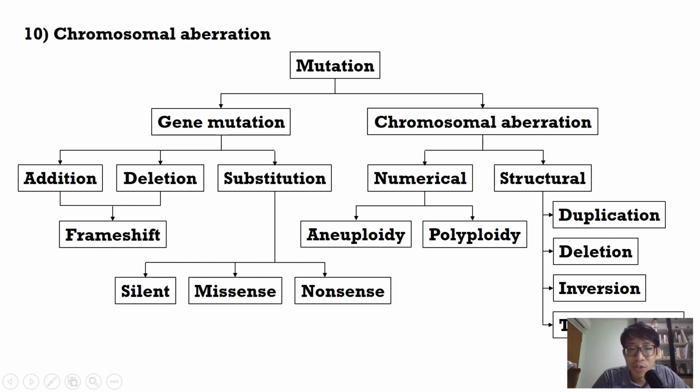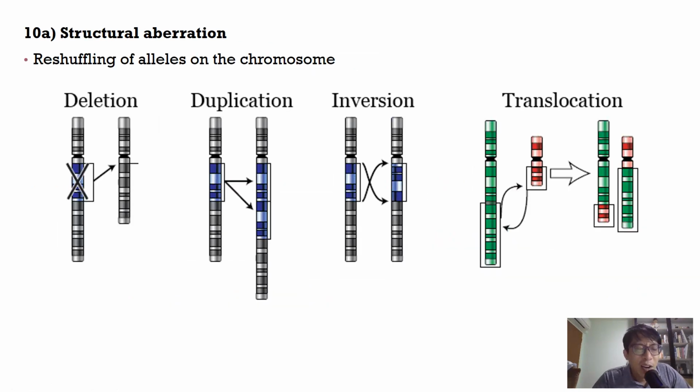Right. So for chromosomal aberrations, there are two types: a change in the numbers of chromosomes, resulting in either aneuploidy or polyploidy, or a change in the structure of the chromosome. And there are four different mechanisms: duplication, deletion, inversion, and translocation. Very quickly, deletion of the chromosome refers to a deletion of one portion of the chromosome, not the whole chromosome.